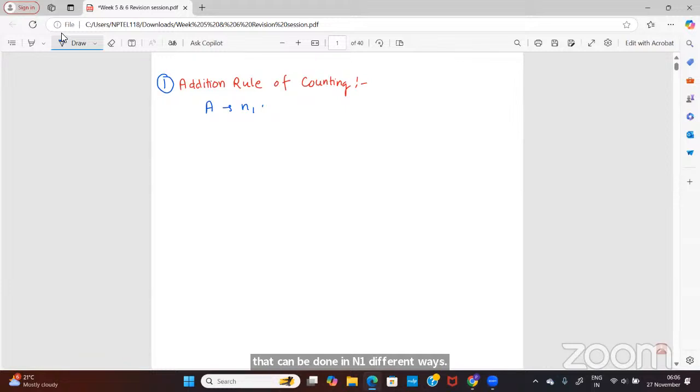And we have another action B that can be done in n2 different ways, okay? Now, the number of ways in which A or B can be done, that should be equal to what? n1 plus n2. Yeah. So A or B can be done in n1 plus n2 ways, right?